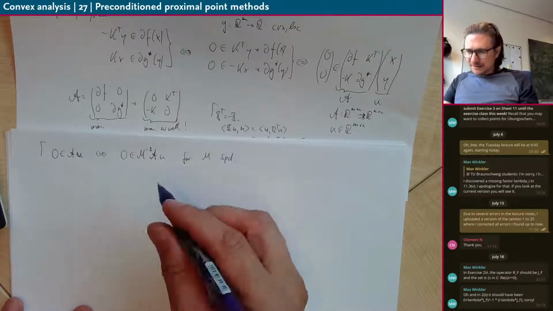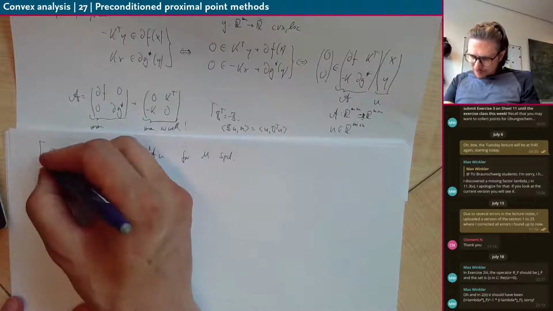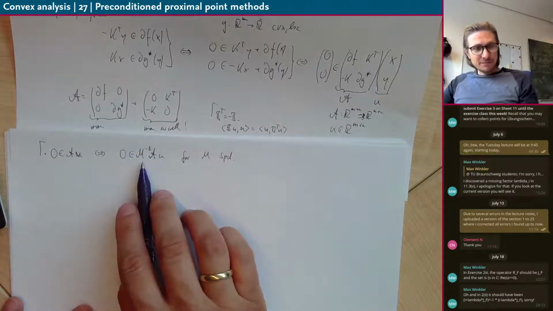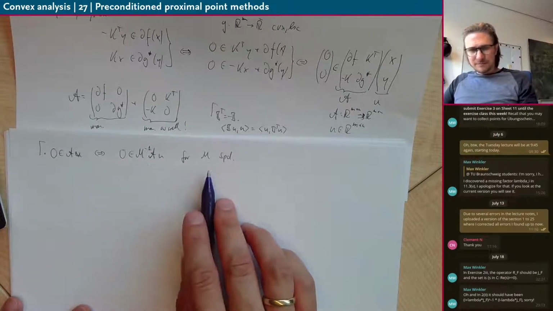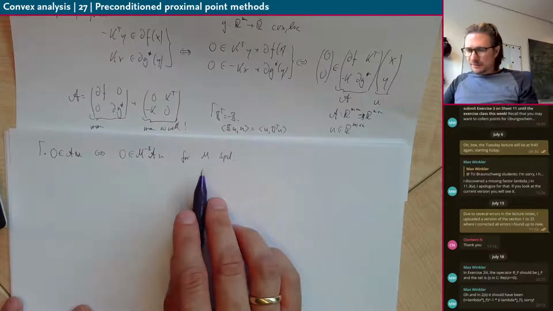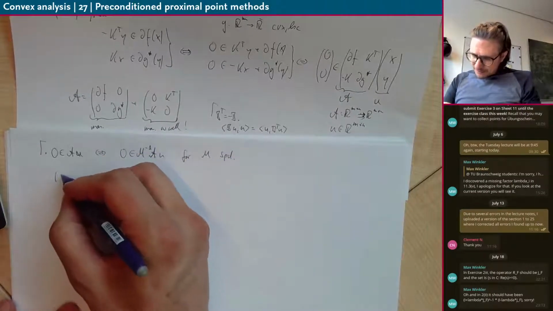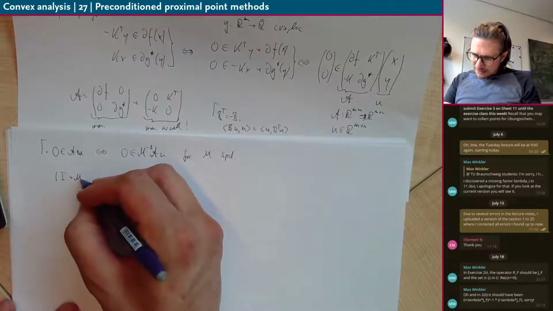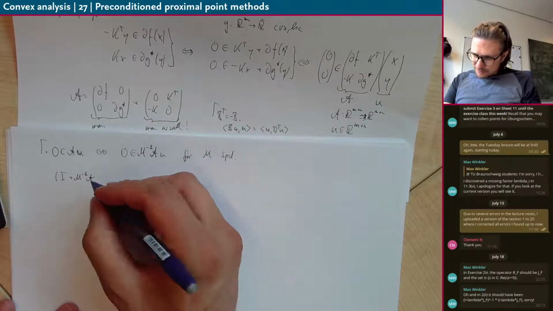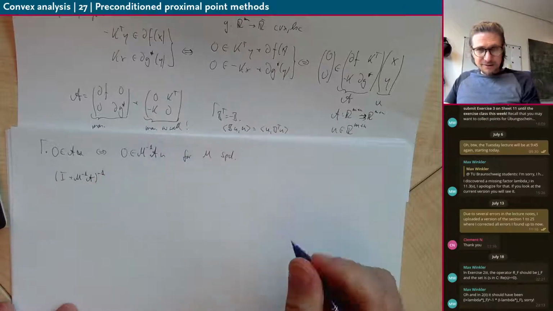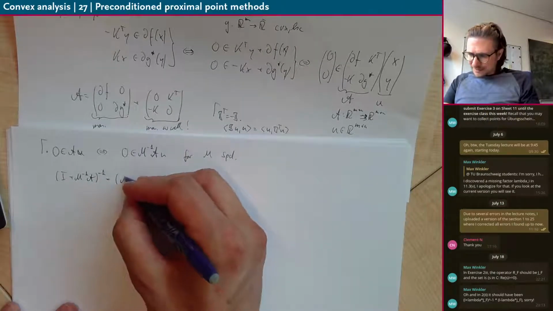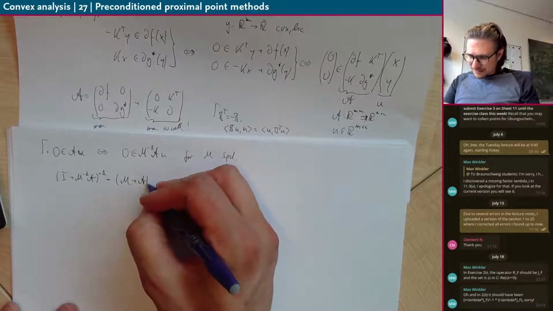One point to recall is that we can just left multiply this inclusion by some symmetric positive definite operator, and then we preserve the solutions. The resolvent of that operator, although this is generally not monotone, we could show is exactly the same as that.